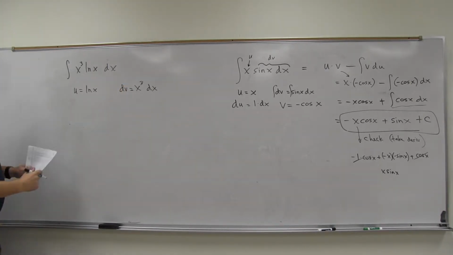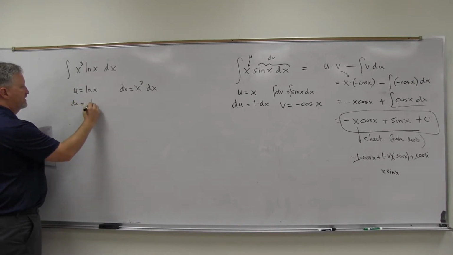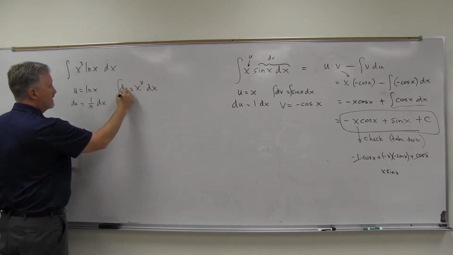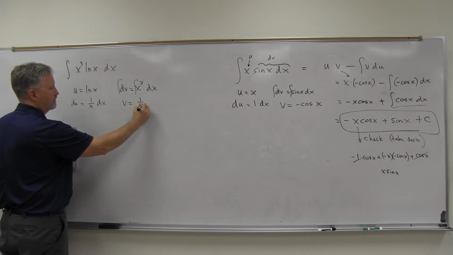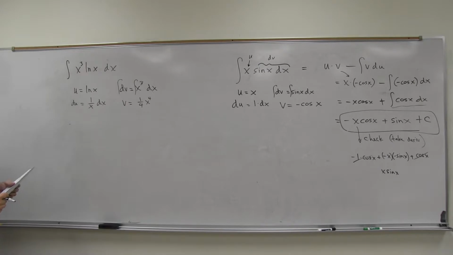Okay? So here, if we do that, du equals the derivative of ln of x, which is 1 over x times dx. Integrate both sides, so v, the integral of that, is just power rule, 1/4 x to the 4th. We'll do plus c later on. Okay, so doing that seems to be pretty good, so let's go with that.